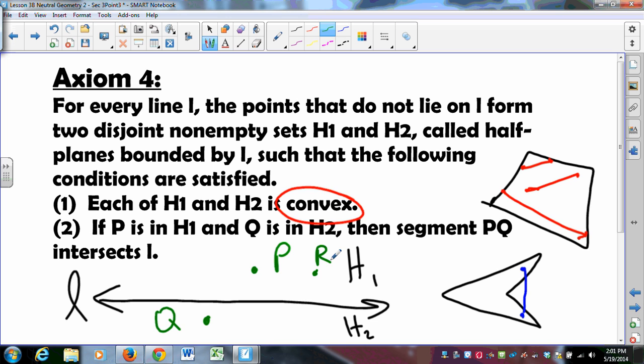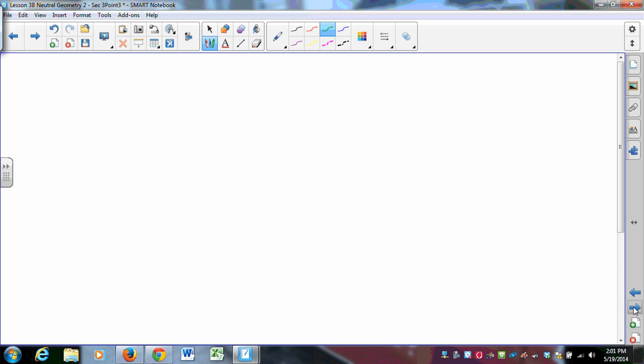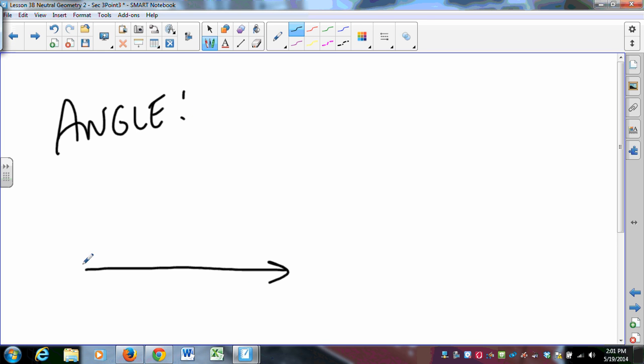Okay. So one other big idea we should probably talk about. We should talk about angle. Now, it's a bit of a hand-wavy definition. So I take a ray. Now remember, let's call this ray AB.